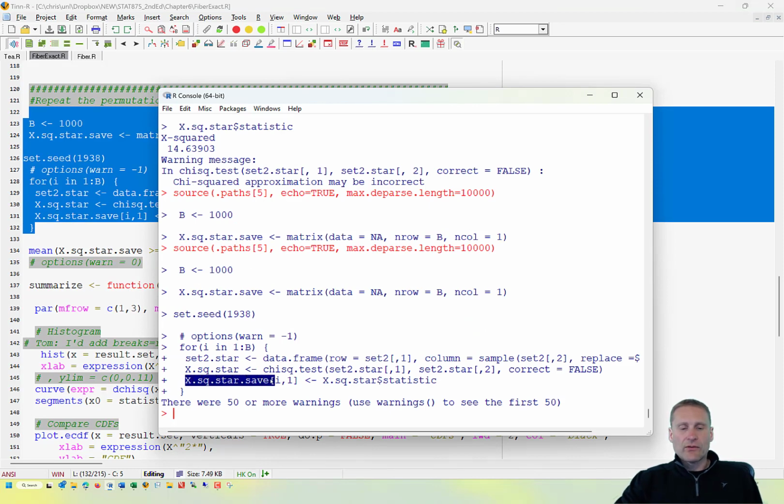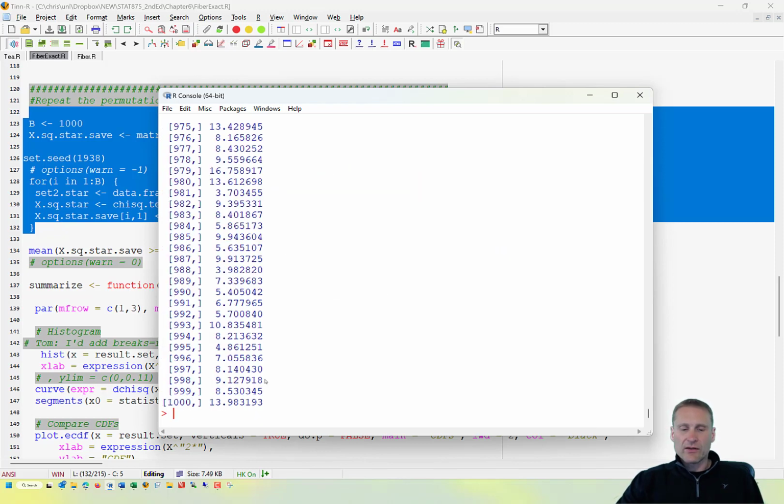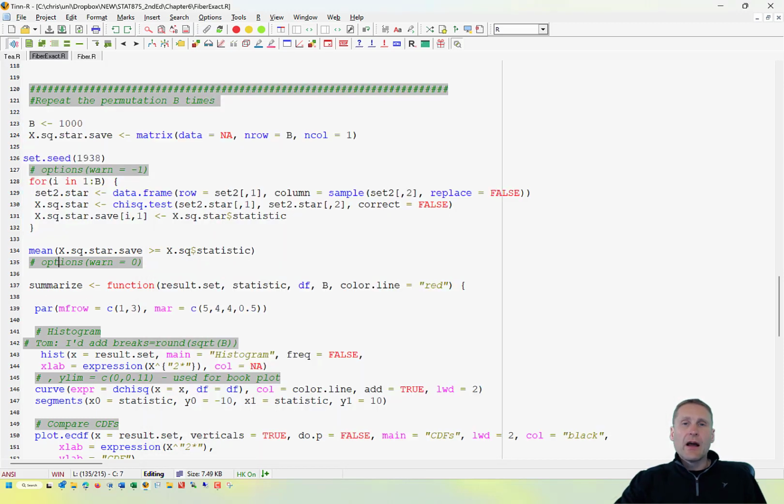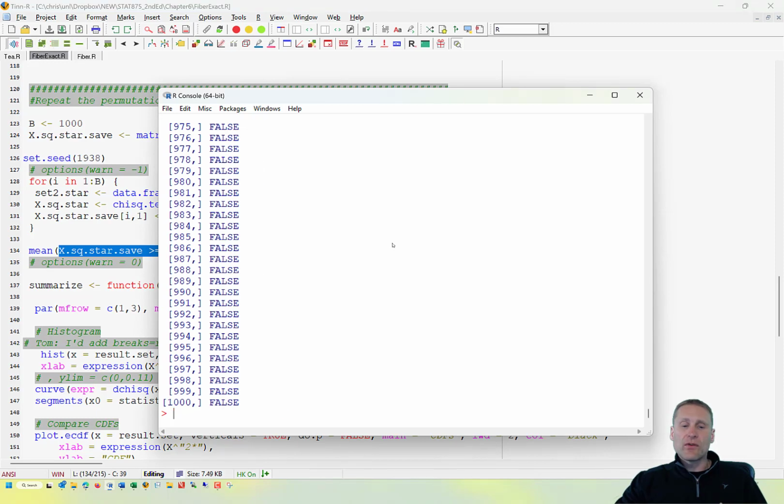And if I were to look at x.sq.star.save, what we're going to see here is that we have 1000 of these X squared stars. I want to find the proportion of these X squared stars that are greater than or equal to my original X squared. So here is a bunch of TRUEs and FALSEs corresponding to, is X squared star greater than X squared?